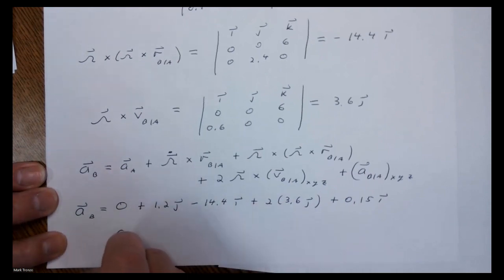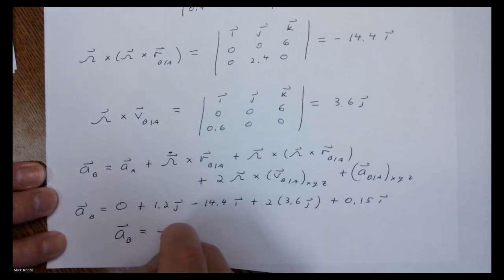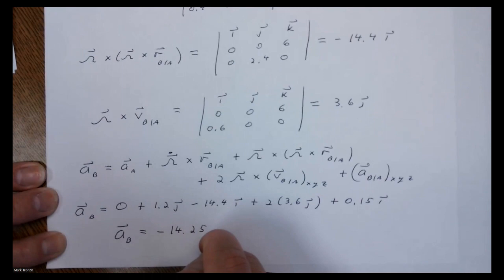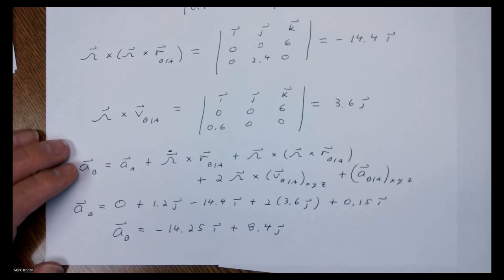So we're going to have AB. And we put these together, that's going to be negative 14.25I. And put the J's together, that's going to be 8.4J, like that.